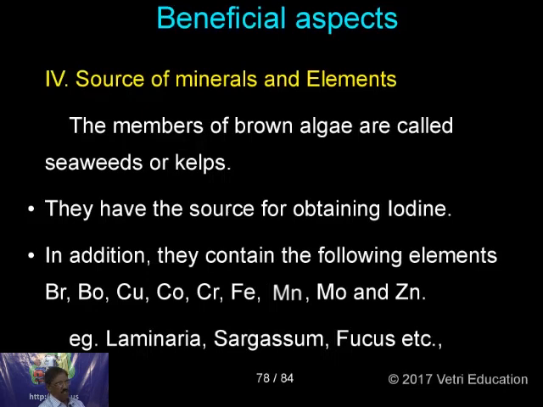They are a source of iodine, and in addition they contain many elements like bromine, boron, copper and cobalt, chromium, iron, manganese, molybdenum and zinc. Examples of these kelps or brown algae are Laminaria, Sargassum, Fucus, etc.